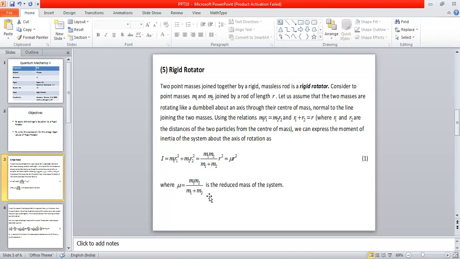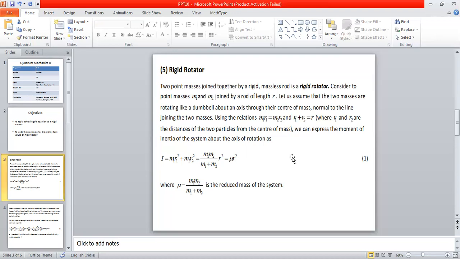Essentially, what we have done here is convert a two particle system into a one particle system. Instead of considering two particles of masses m1 and m2 separated by a distance r, it is possible to consider one single particle of mass m1 m2 divided by m1 plus m2, that is, mu, the reduced mass of the system, situated at a distance r from one particular point of reference.